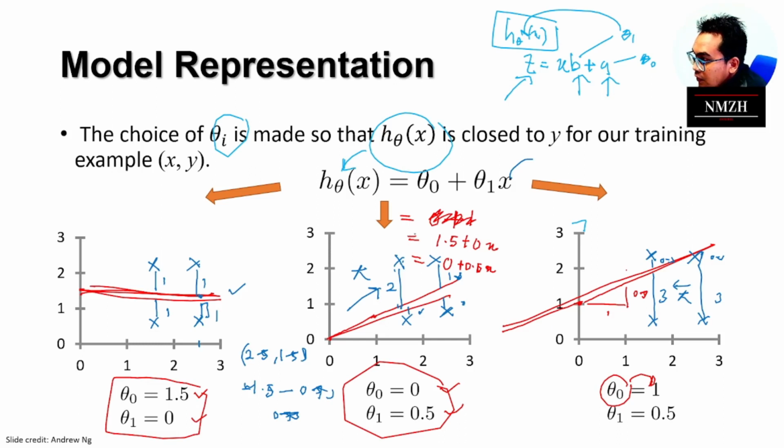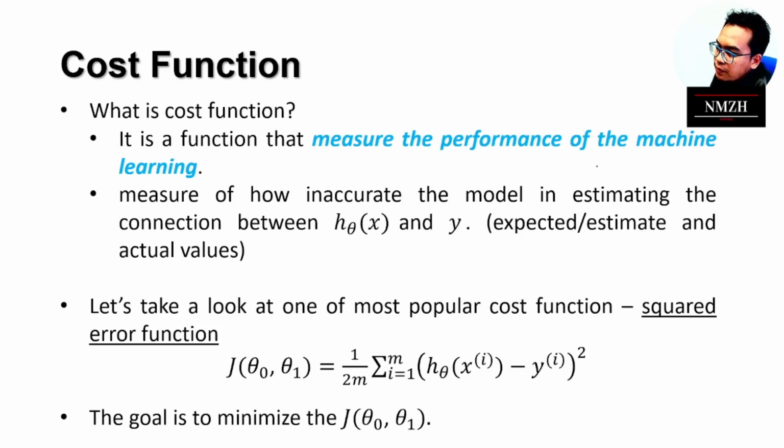Now the next question is how to find the theta value, right? So the next one is how to choose the best line instead of having a good theta value. So those would be the two things in linear regression. Okay? Based on the second statement I just put to you, how to choose the best line, the slope line.